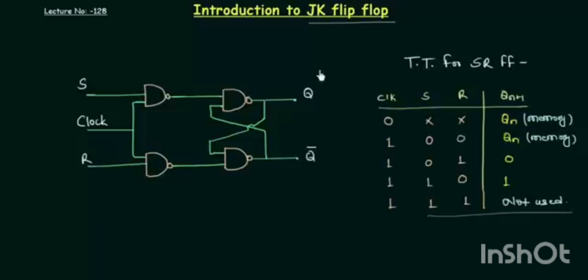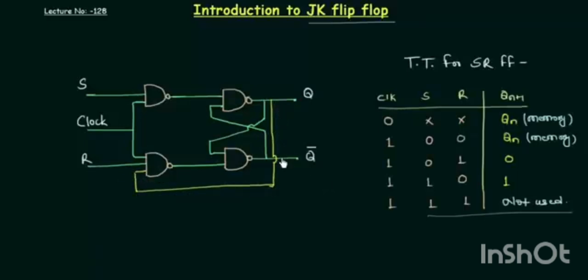Now let's move to the circuit for the JK flip-flop. This is the circuit for SR flip-flop, and we will try to make a JK flip-flop from this circuit only. Let's see what changes we have to make. There are two outputs, Q and Q complement. I will take Q from here and give this Q as one of the inputs to the NAND gate in which R is one of the inputs.